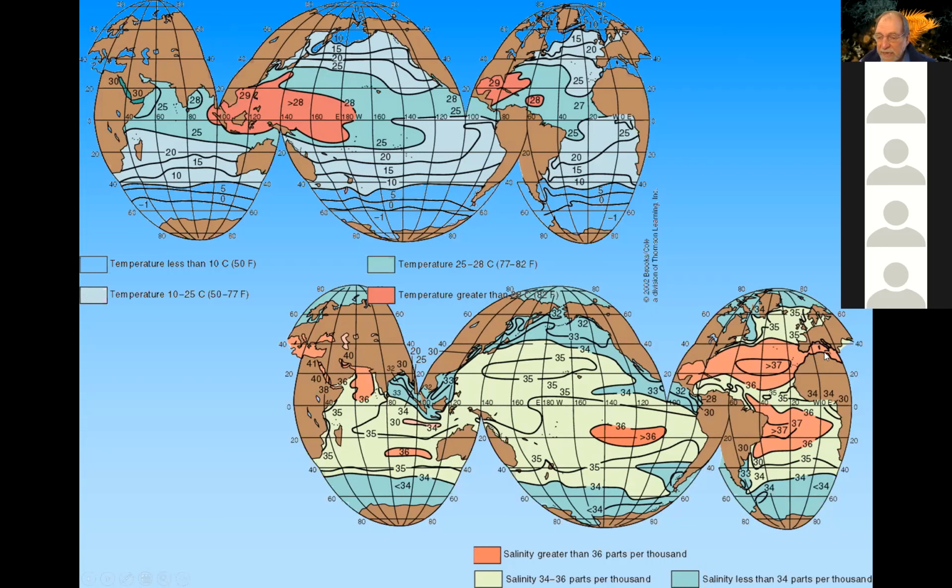Right. So what's going to happen is, you have a warm, salty water and a cold, fresher water, and these are two different bodies of water. And so these waters are mixing at the surface in this region here.